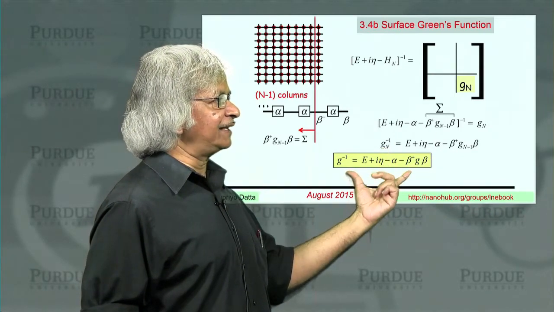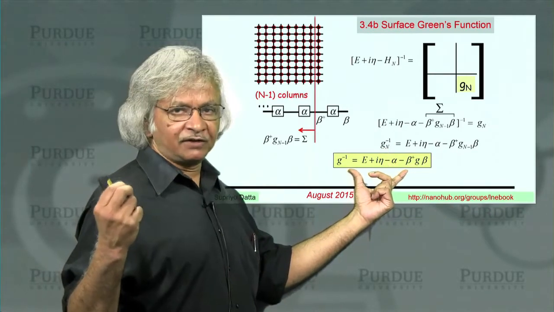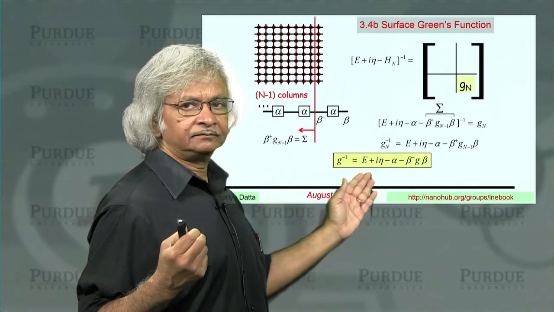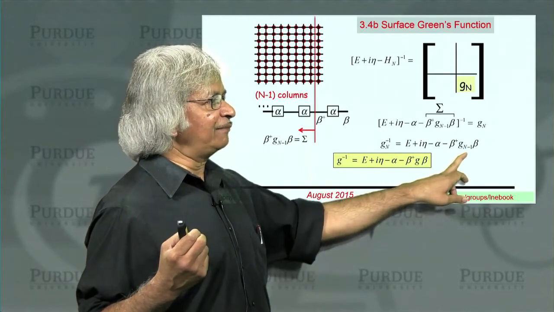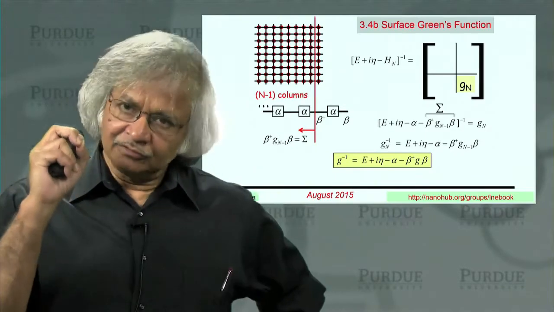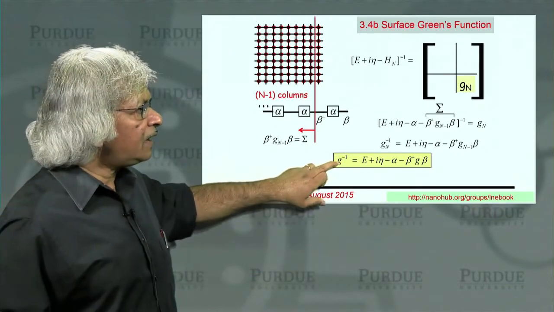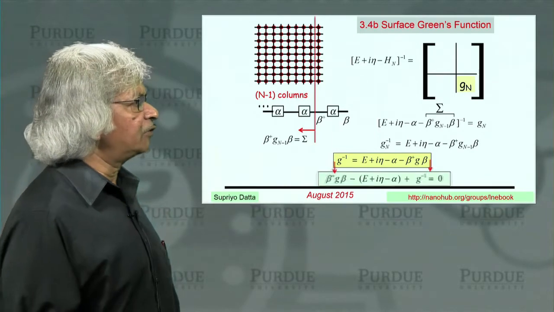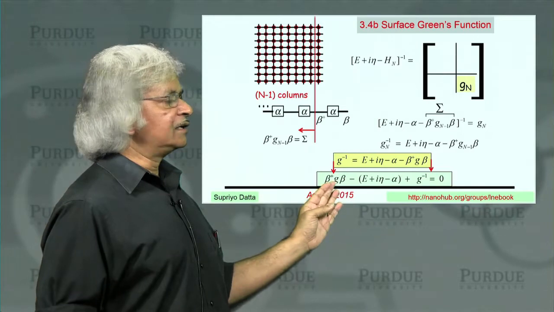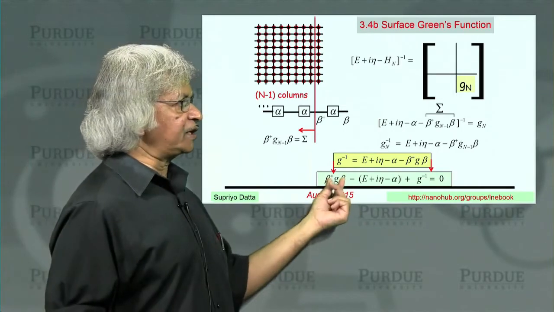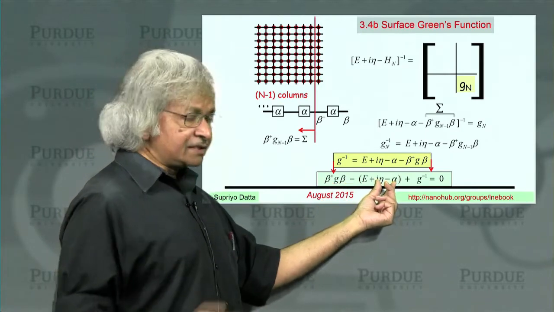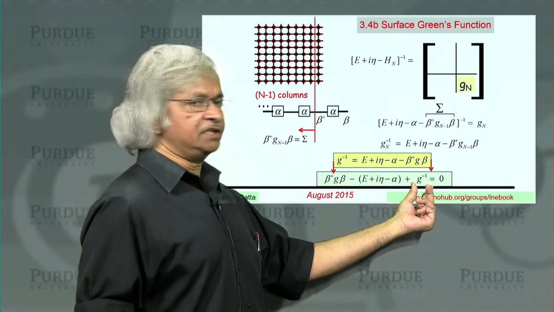So in a way, you could say that the actual surface Green's function that we are looking for should satisfy this equation, where the G for n minus 1 and the G for n have converged onto the same value G that we want. And this you could turn around and write in this form as well. It looks like a quadratic kind of equation for G. You know, it involves a term with G, a term that doesn't involve G, and a term that involves G inverse.